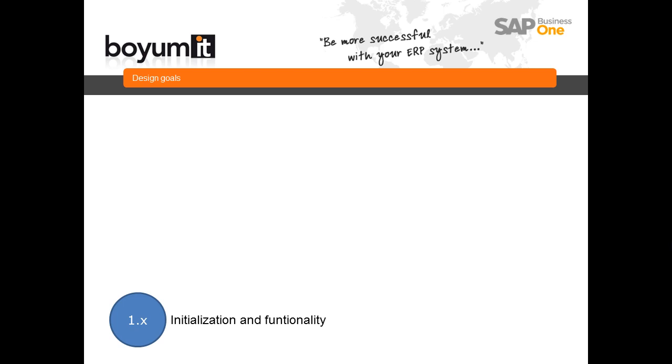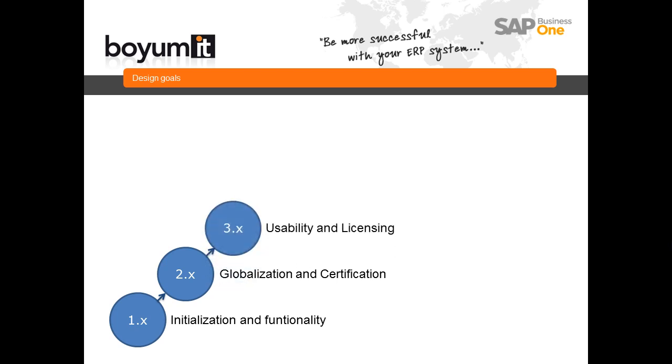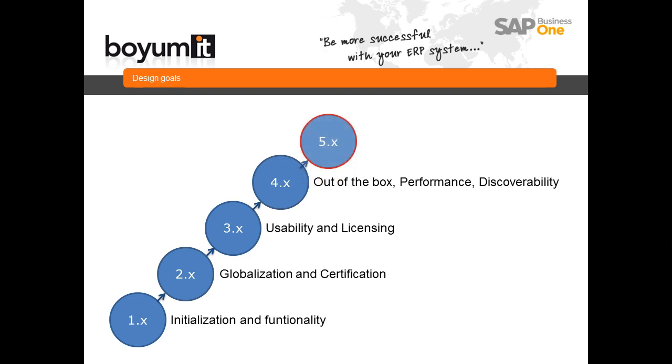That wasn't out in many countries. 2.0 was the first globalized version with certification. 3.0 was all about the usability pack and licensing. 4.0 was the out of the box, the performance and discoverability, which leads us to 5.0. And the design goals of 5.0 are productivity, help, server, and integration. We'll go into that in the next slides.